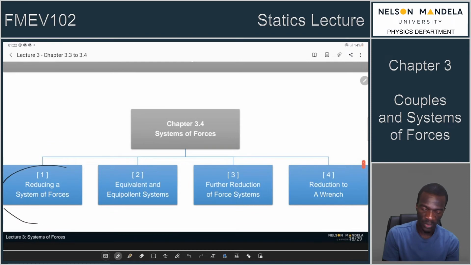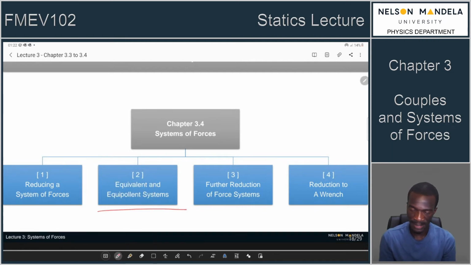So we have already seen how to reduce a system of forces. This time we're just expanding it into more forces. We saw one force, we're just expanding it into more forces. And then we have equivalent and equipollent systems.